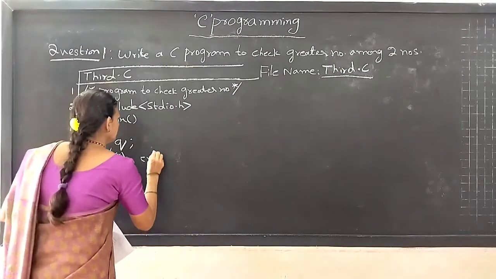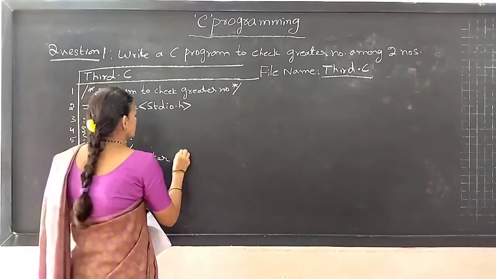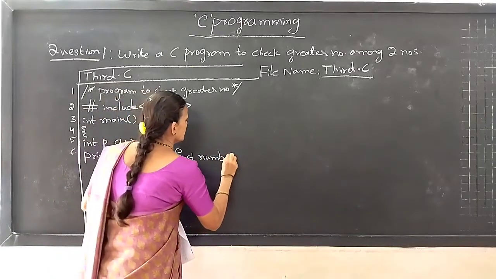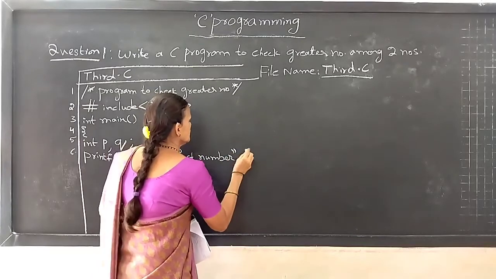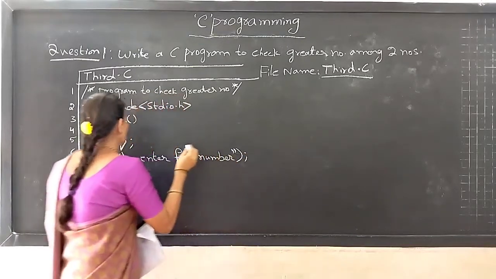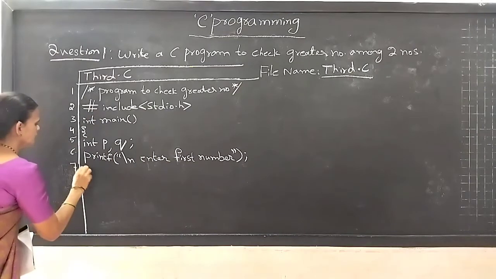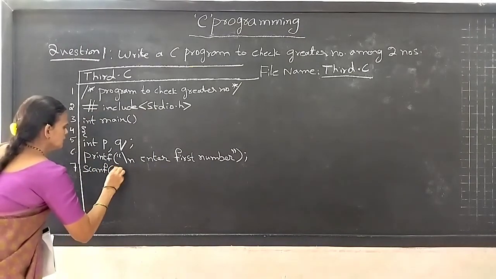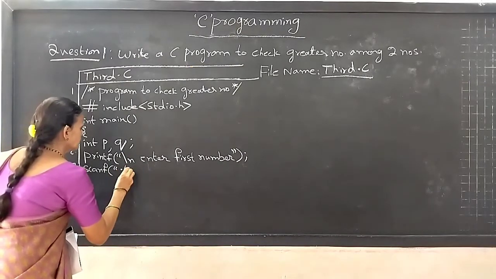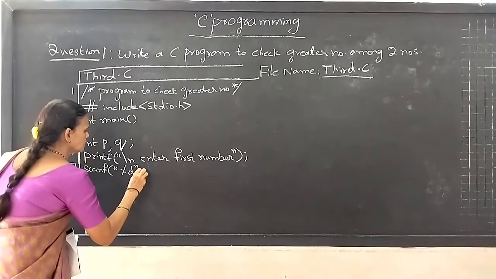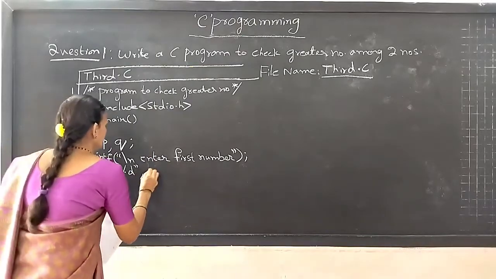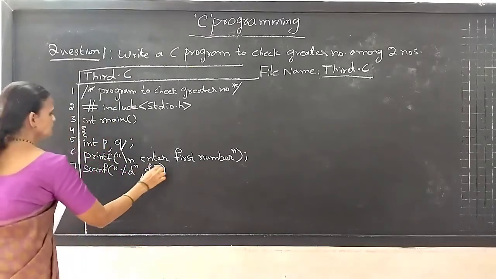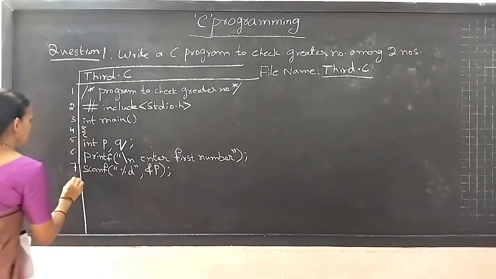You have to write "Enter first number", double quotes, close bracket, semicolon, and in the next line you have to write scanf, open double quotes, %d, double quotes, close, comma, and &p. Okay. You have to write bracket close, semicolon.